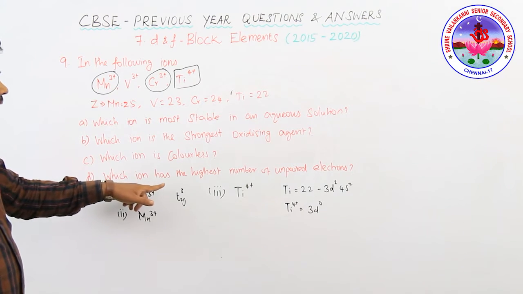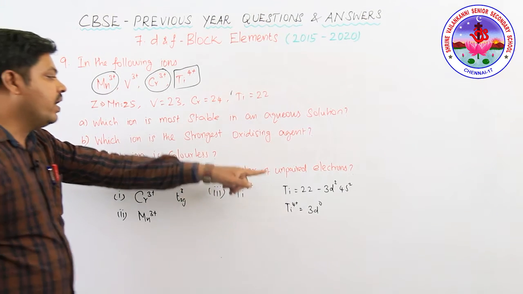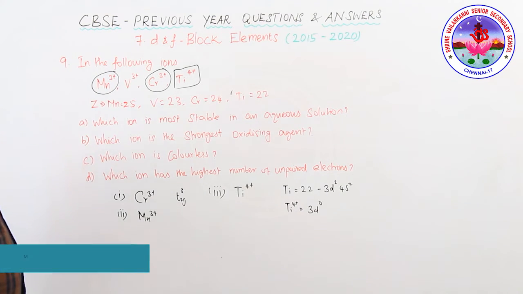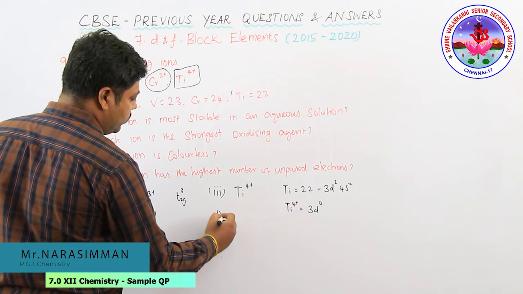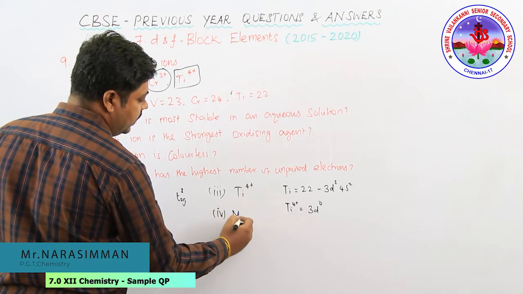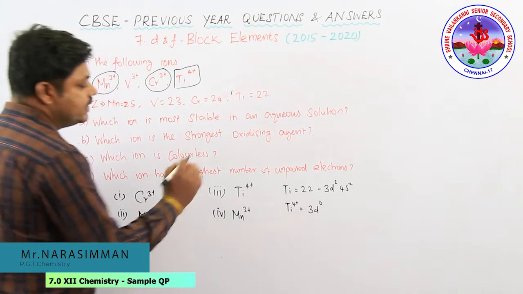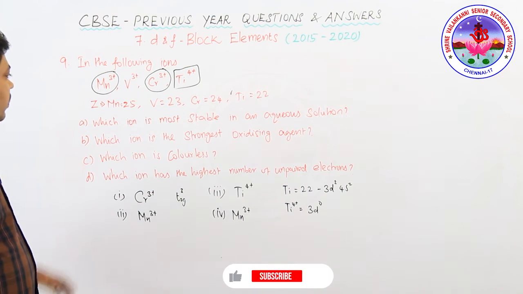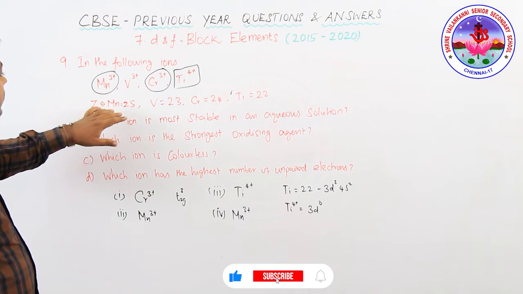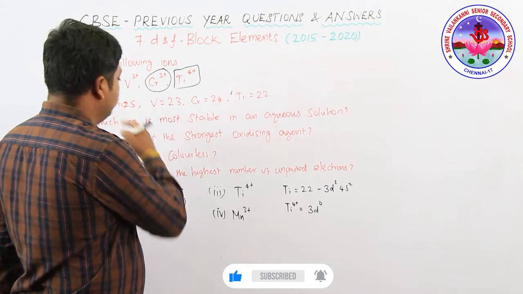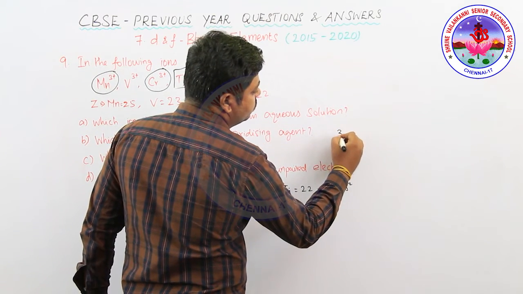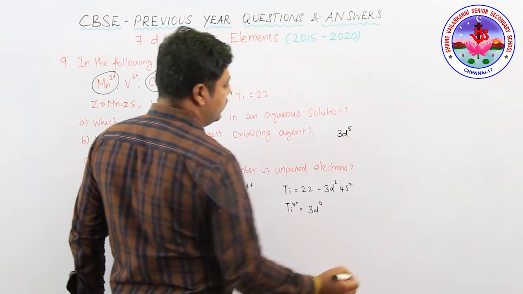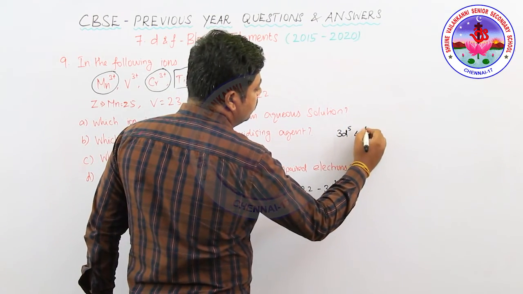Then which ion has the highest number of unpaired electrons? In this case, Mn3+. The fourth answer is Mn3+ has the highest number of unpaired electrons. For evidence, the atomic number of manganese is 25, so the outer electronic configuration is 3d5 4s2.